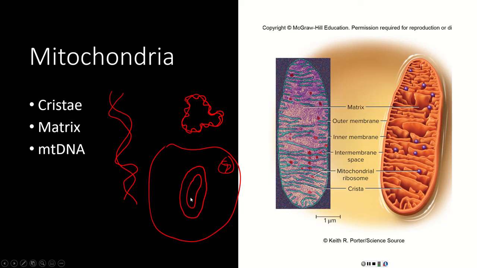Meanwhile, the bacteria is now protected. It doesn't have to defend itself because it's within a cell. So they develop this symbiotic relationship. The bacteria eventually becomes what is today a mitochondria, and the cell gets free ATP out of the deal.